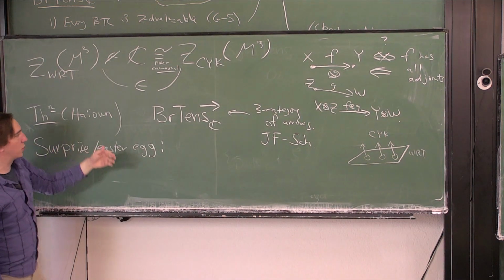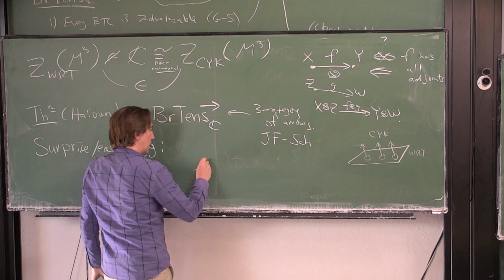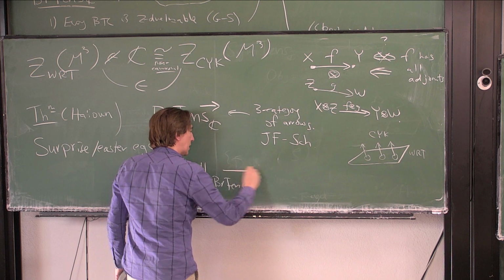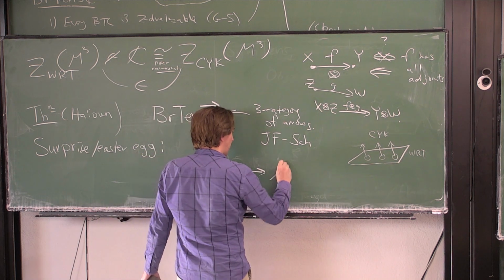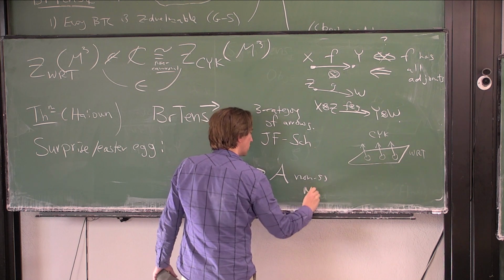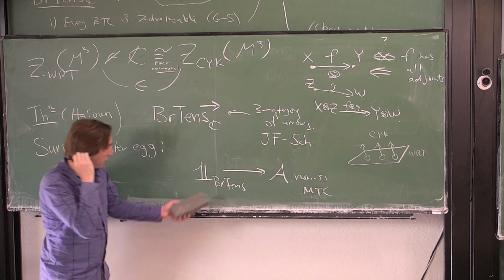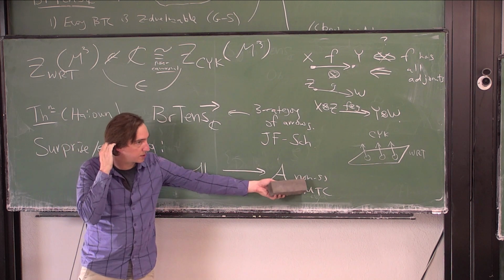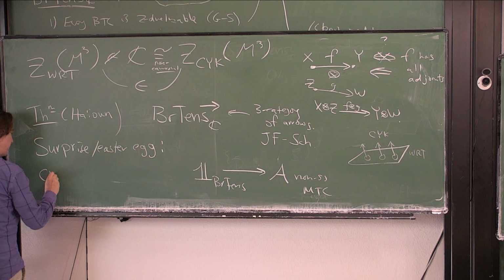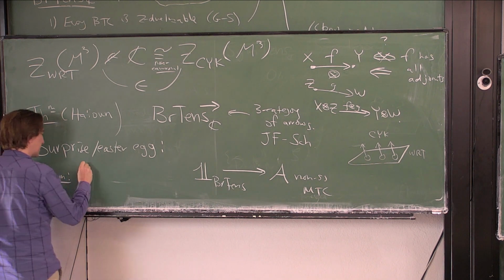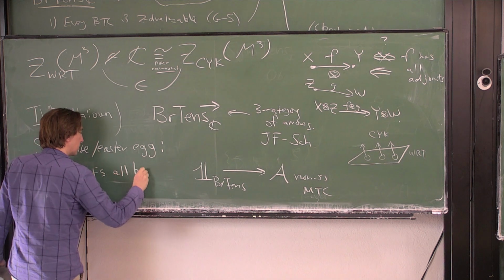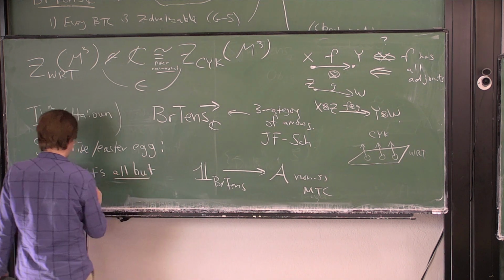And so what you can do is you can look at the unit in Burr tense. You can map to your favorite MTC. And you can ask the dualizability without the semi-simplicity assumption. And the claim is that this is all but 3-dualizable.